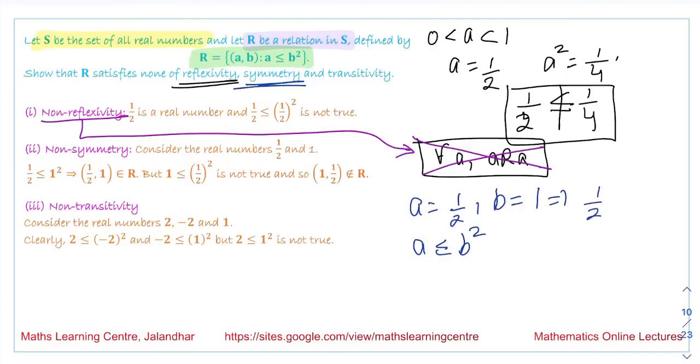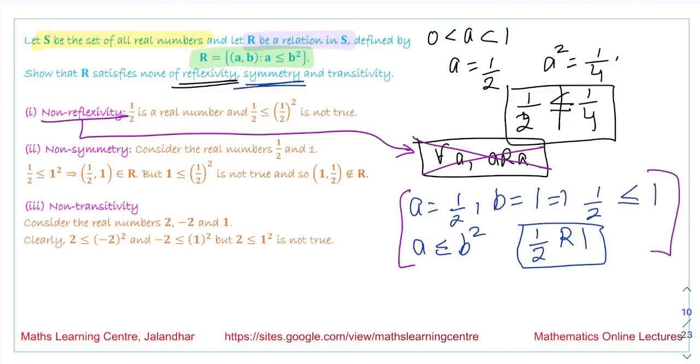We are saying 1 by 2 is less than or equal to 1. That is, 1 by 2 is related to 1. Now we have to check whether 1 is related to 1 by 2 or not.